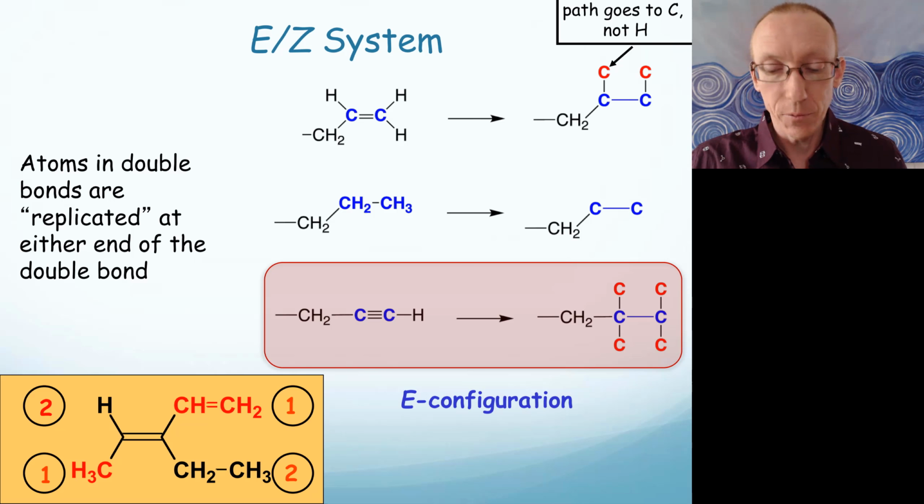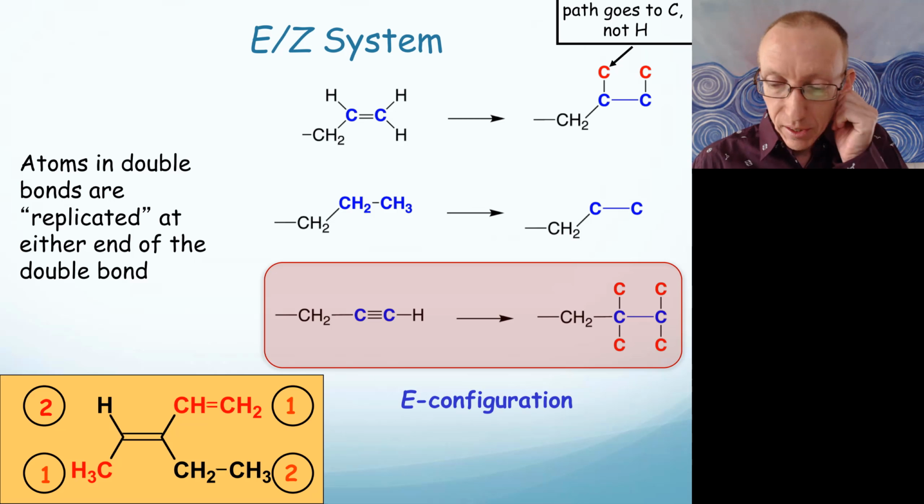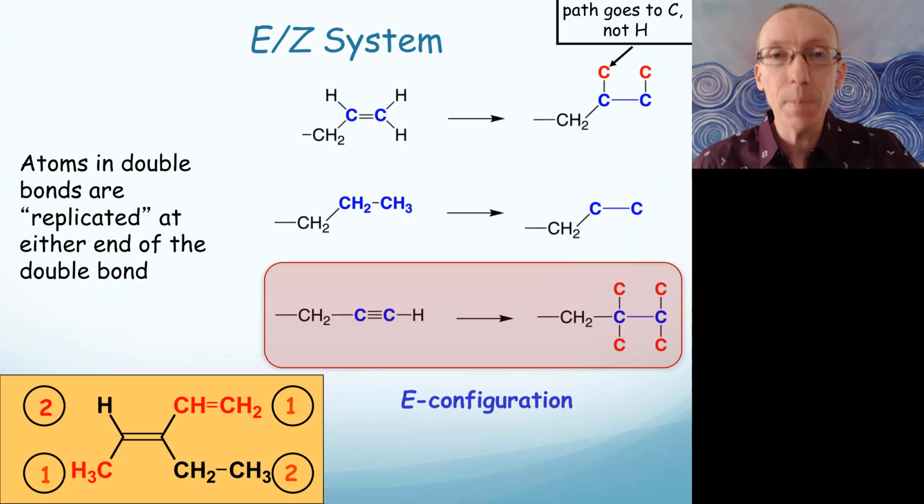Now, we need a system for dealing with multiple bonds because they're going to change one substituent relative to another in terms of its priority. So all we do is we replicate the atoms that are attached to an atom that's part of a multiple bond. We could also sometimes call these phantom atoms.